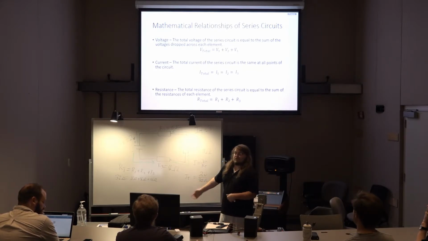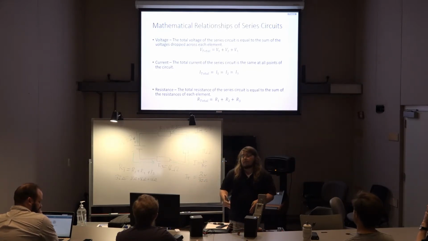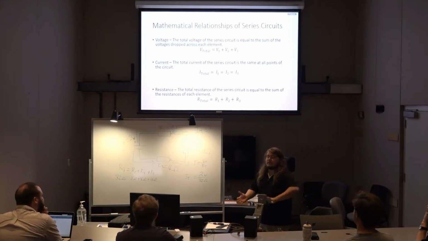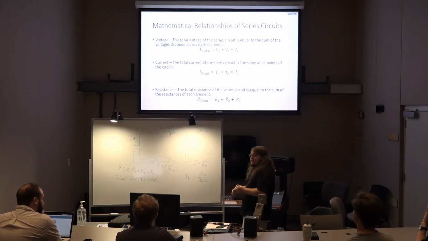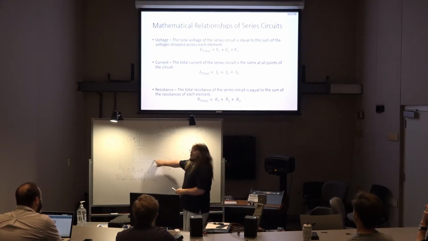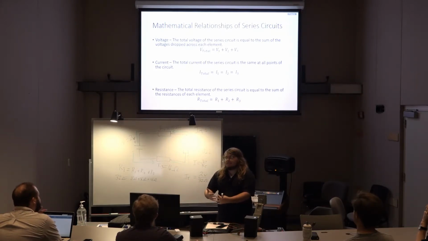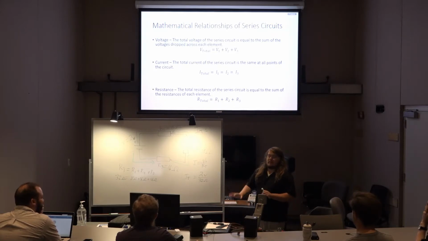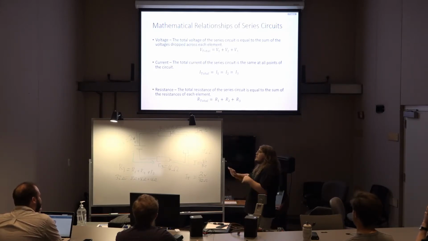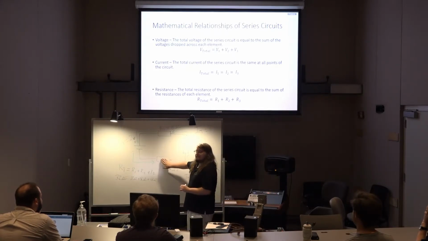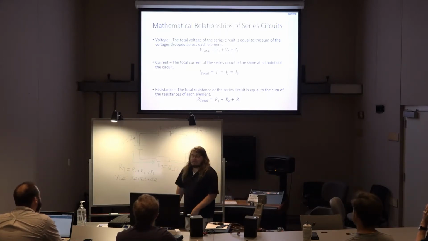So the total current throughout the whole series circuit stays the same. It is going to be the same entering this lumped element, resistor 3, same at resistor 2, resistor 1. We're not losing any current as it passes through, okay? So that might be a slight misconception about how current works.